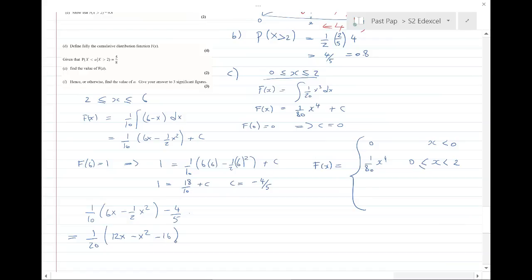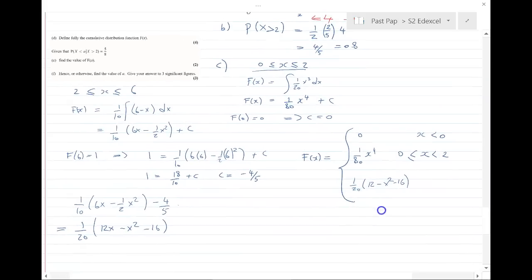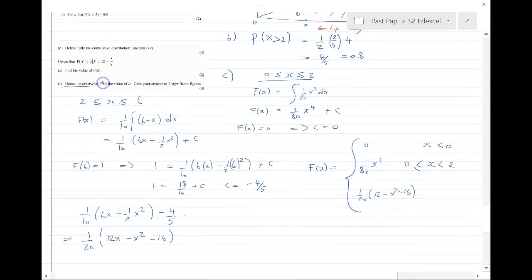So I can write that as 1/20 (12x minus x squared minus 16). I often find when we tidy up like that, sometimes it helps having a nice tidy expression later anyway, but they didn't expect you to simplify for the answer here.